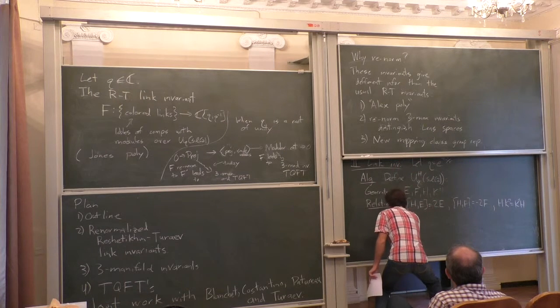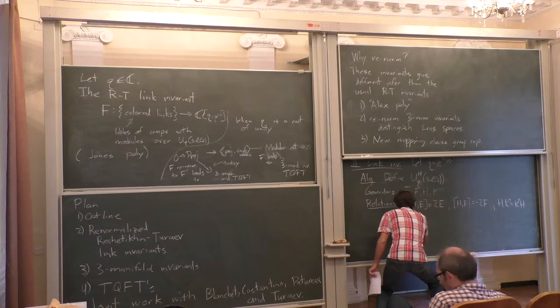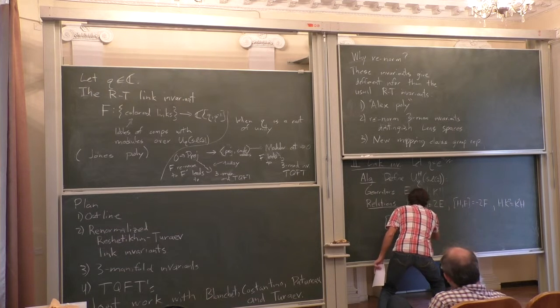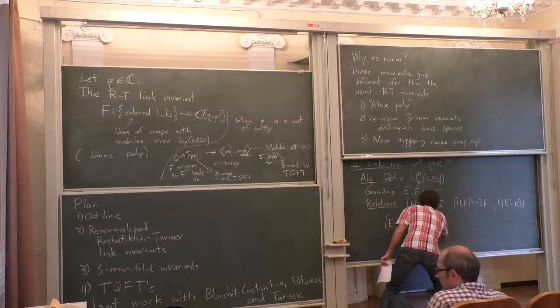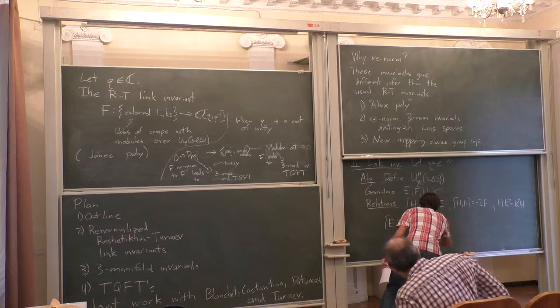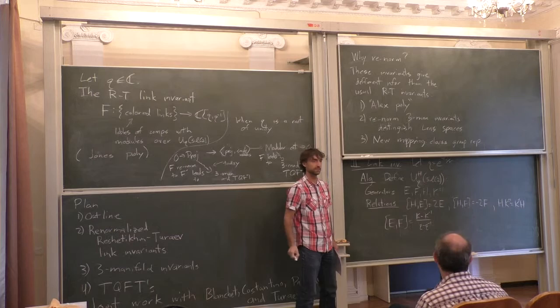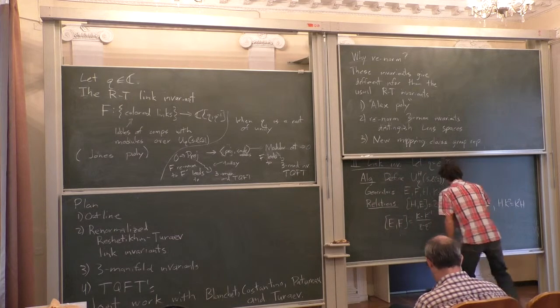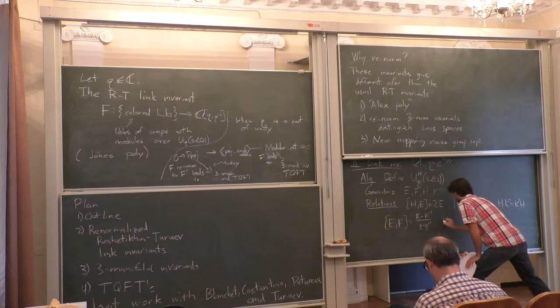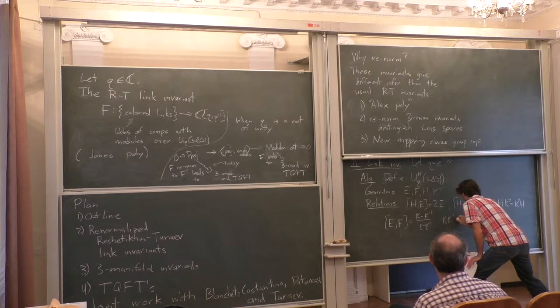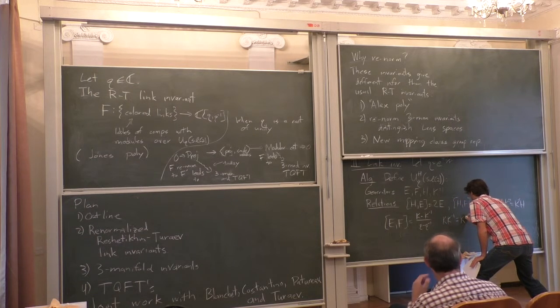So what's E and F? E and F now looks more like the quantum SL2 part. So I have this relation, which is the normal relation in quantum SL2. And now I have K, K commutes with itself, K and K inverse commute, and they're equal to 1.